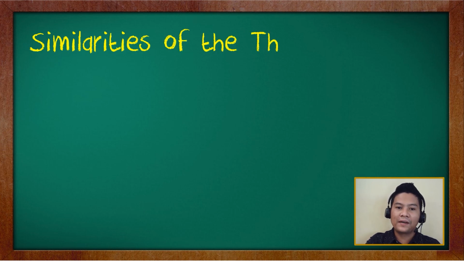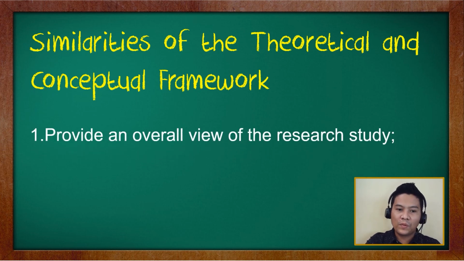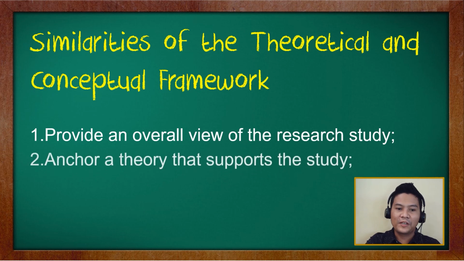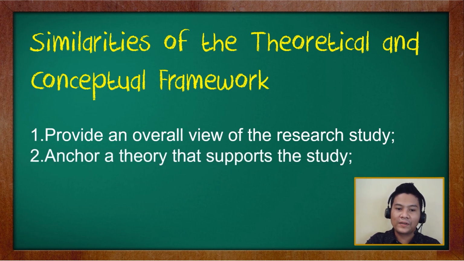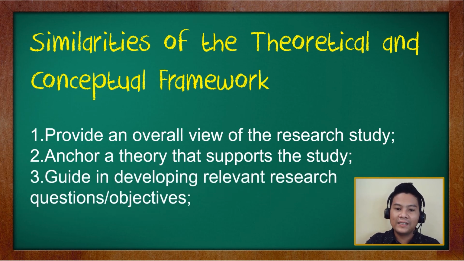Let's have the similarities of the theoretical and conceptual framework. Number one, they provide an overall view of the research study. Number two, anchor a theory that supports the study. Number three, guide in developing relevant research questions and objectives.